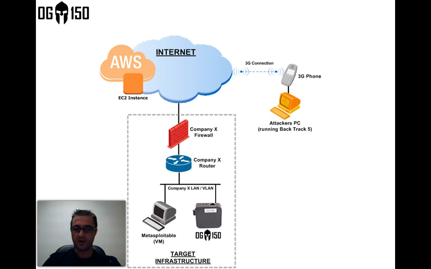I'm also working on another video. I don't want to go into it too much right now, but what that does is that completes this same attack scenario without actually entering the building. Okay, just briefly, what the demonstration will do is the OG150 will be connected to a remote controlled helicopter.